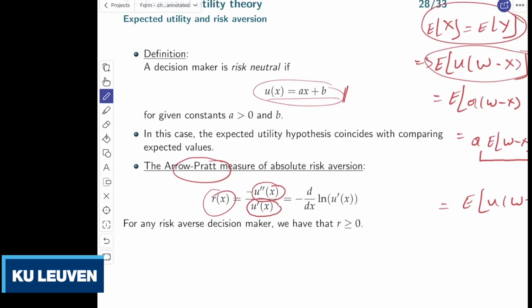In the exercises, you find a way to find a good interpretation of what this risk aversion means. I think it's the first exercise of the exercise sheet. So if you want to get some more intuition on this measure of risk aversion, have a look at the exercises.